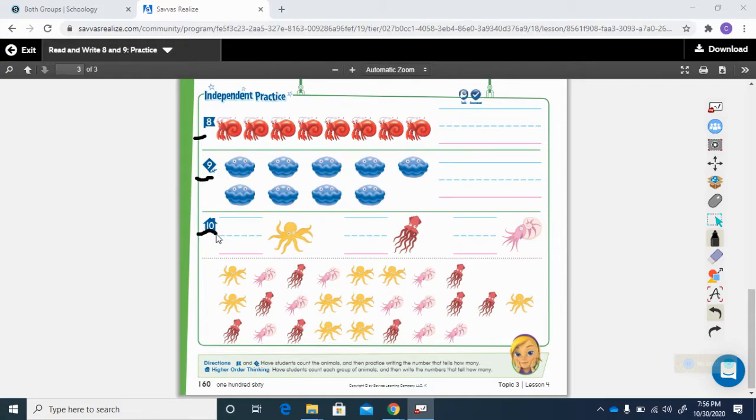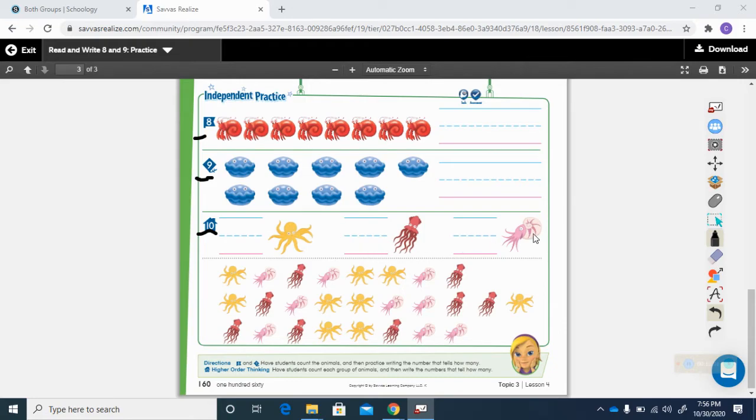For number 10, these sea creatures are all mixed up down here. We have to look at the octopus, and we have to count the number of octopus that we see down here. Then we look at this purple squid. We write the number of octopus right here. Then we look at the purple squid, and we count the number of purple squid, and we write it right here.